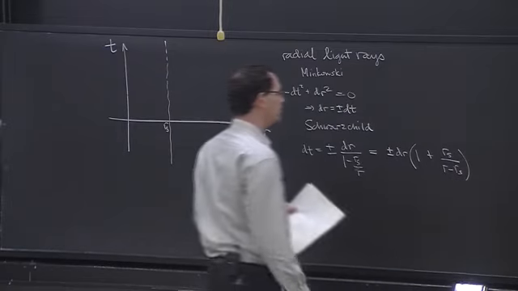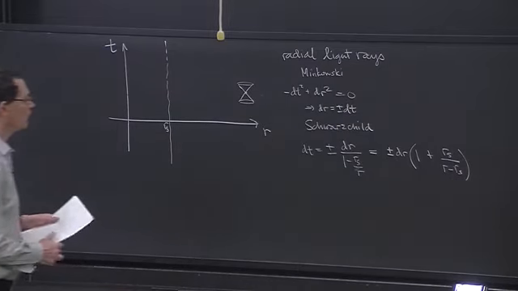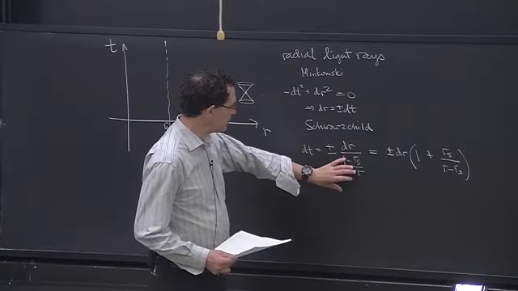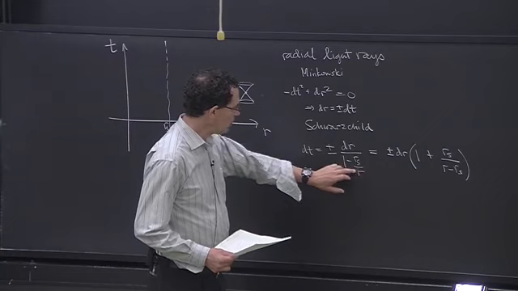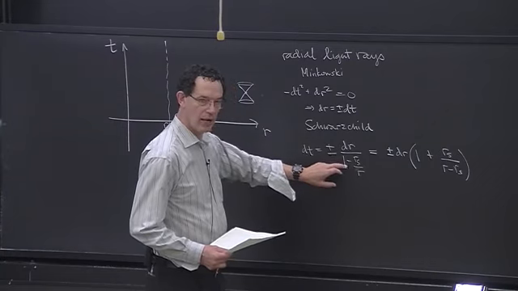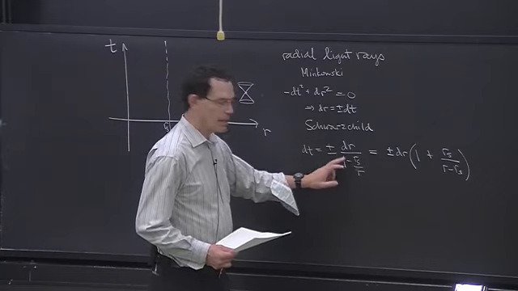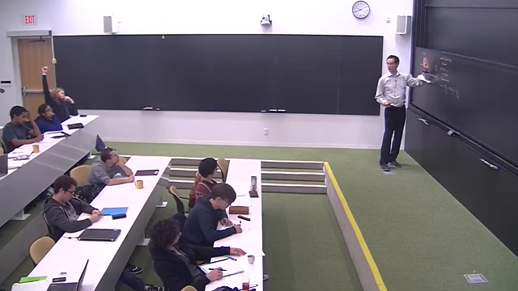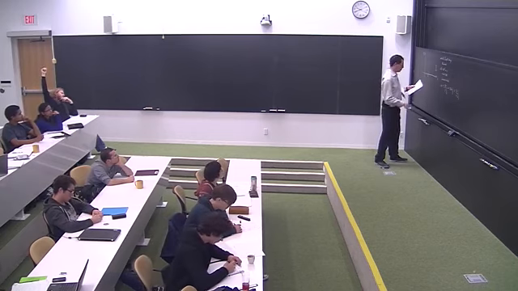And you can see what the effect of this term is. As you come in towards Rs, this term is diverging. So the slope of these things grows towards infinity, right? Both the in and the out.